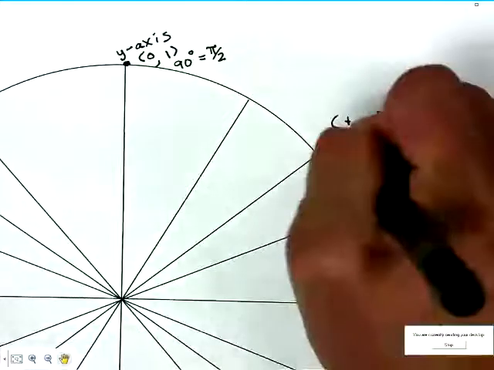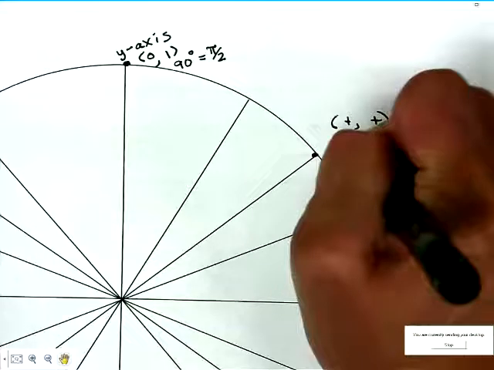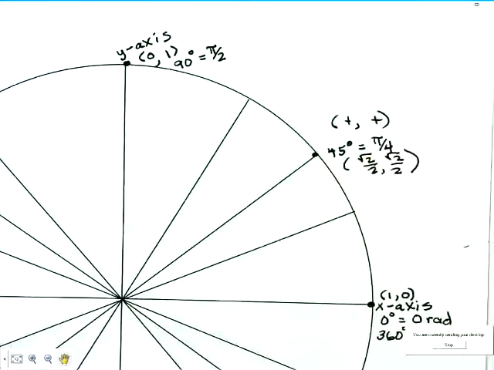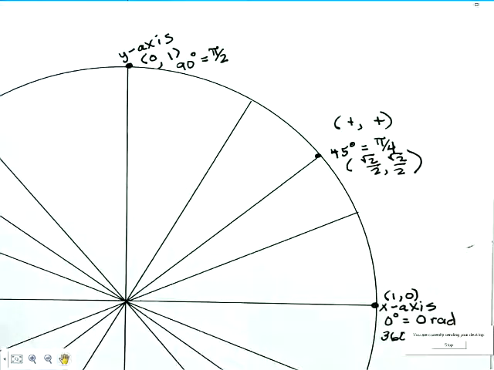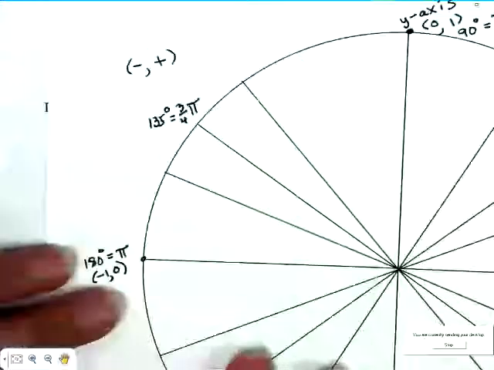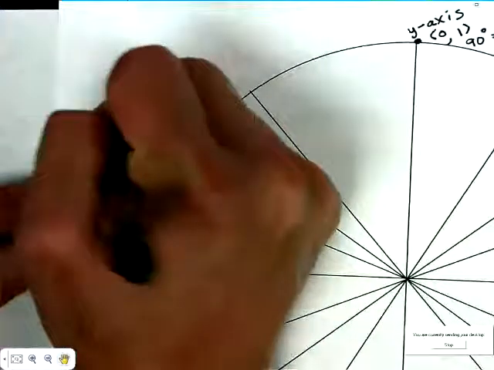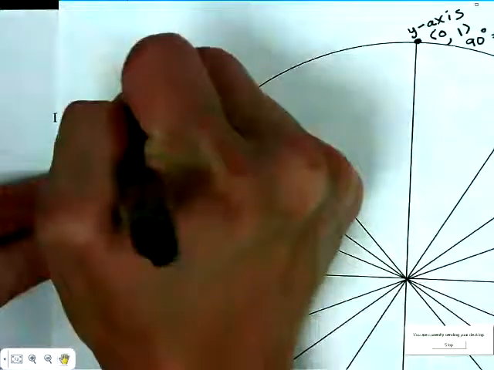This would be positive square root of 2 over 2, positive square root of 2 over 2. And my quarter pi in the second quadrant would be negative square root of 2 over 2, positive square root of 2 over 2.